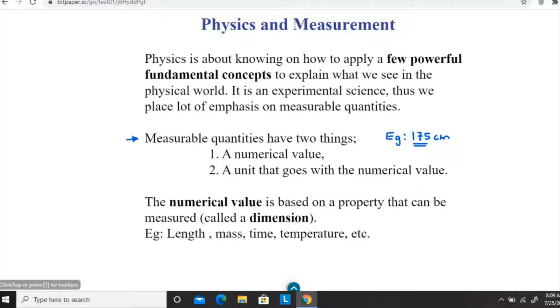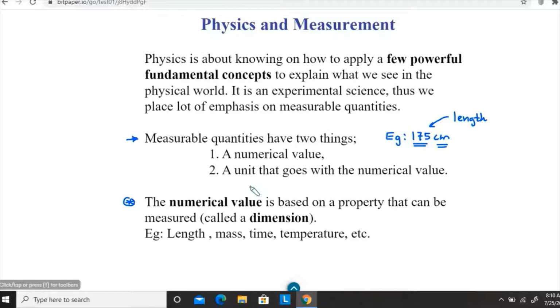The other part is the unit associated with that numerical value. In this case, it's centimeters. The numerical value is based on a property that can be measured. In this case, it was the height, or more generally, the length of the person.